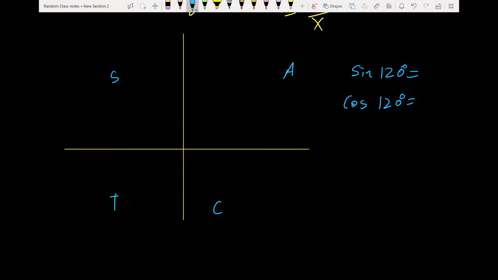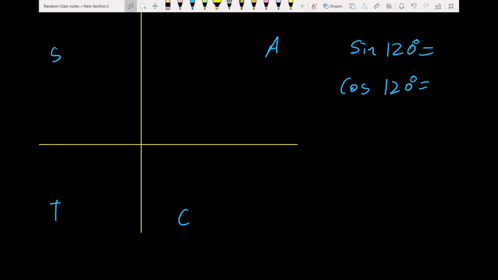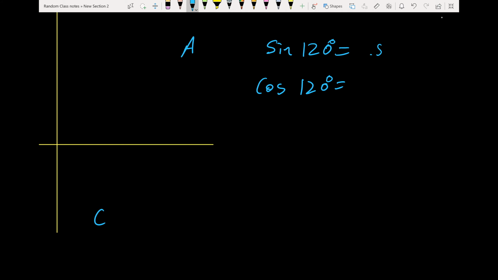Sasha, what did you get? 0.87. And cosine of 120? Mike, are you getting that? No, you have to use your calculator. By next class, if you don't have it, you are going to get 0 on the pop quiz. So you have to have the calculator, even though we will not use it on the first exam, and we're going to use the calculator a lot. So take out your phone. The phone should have a scientific version of it.